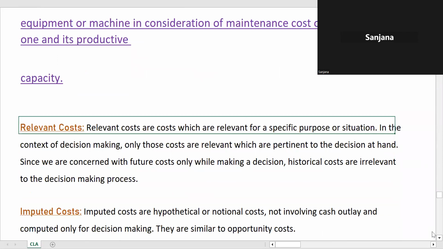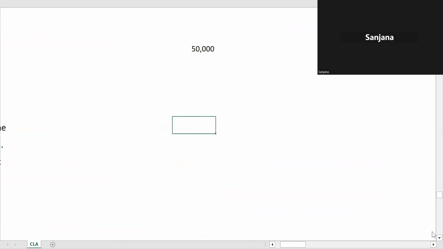Now next is relevant cost. Certain things for certain decisions are relevant, certain things are irrelevant. For example, you have two alternatives, alternative 1 and alternative 2, and you want to compare all costs to see which is better. Now, there is one shop which both are going to use. If you take this, it will use it. If you take that, it will use it. It is common among the two, correct?